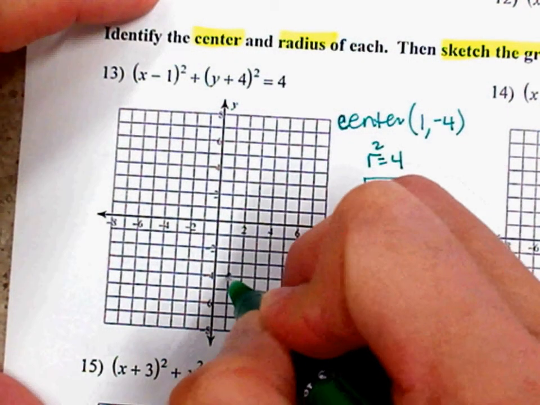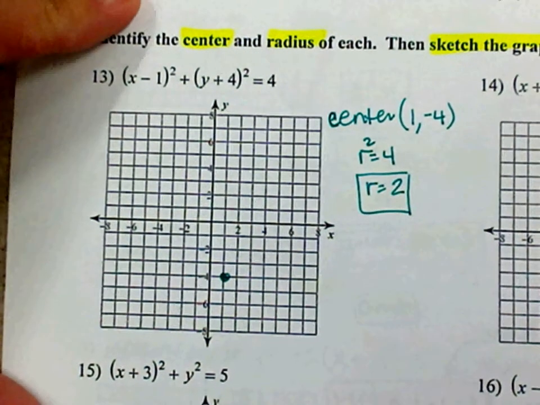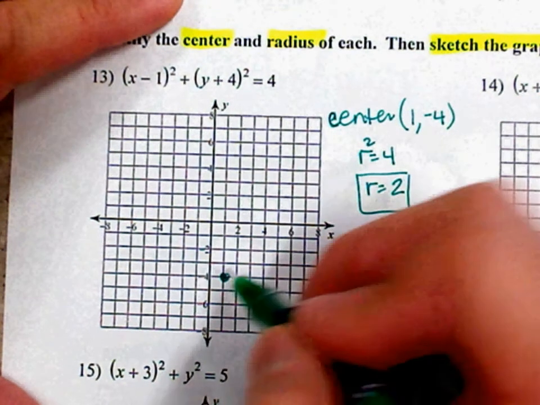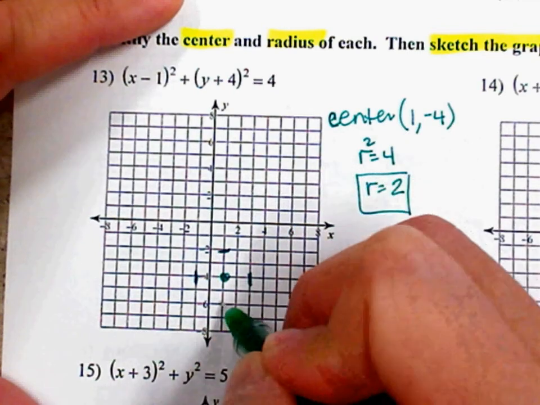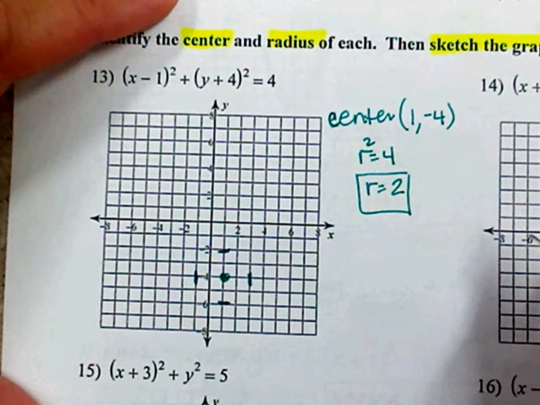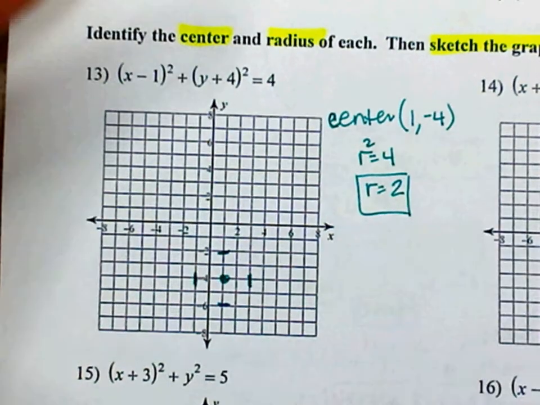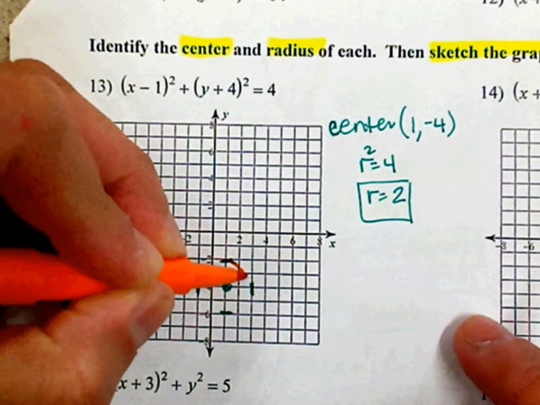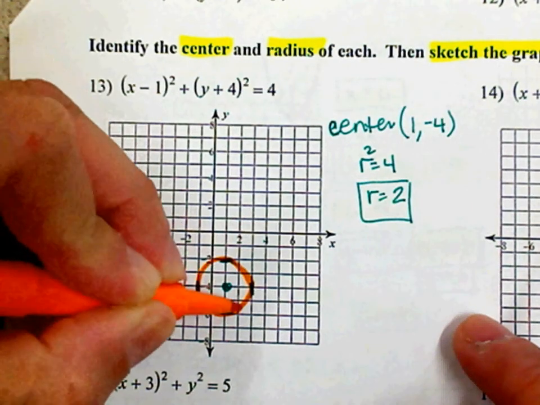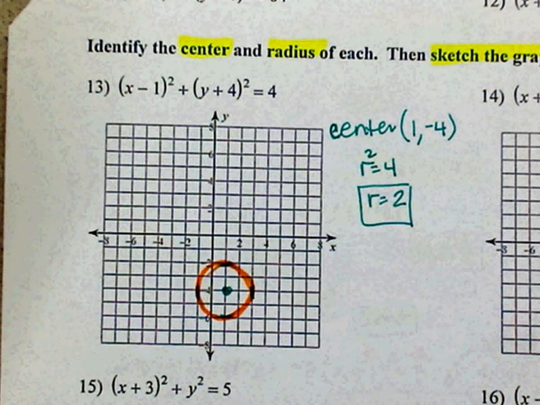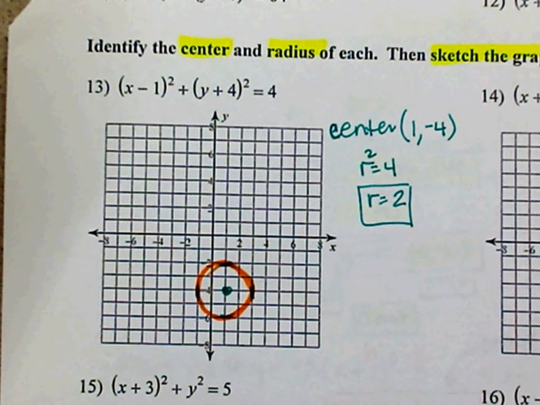From your center, go out 2 to the left, 2 to the right, 2 up, 2 down. You guys see a shape? Okay? So there's your circle. Just don't make it look too boxy. Like, don't have sharp corners, okay? Make it kind of curved. And there you have number 13, just like that. Any questions?